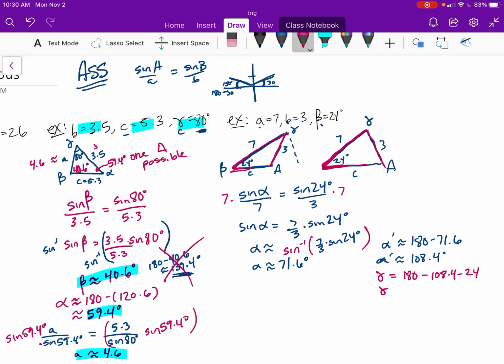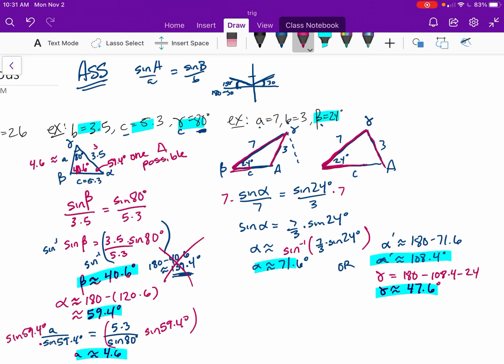And then that gives us, since we rounded the 108.4, 47.6. It is possible then that with only the given information, beta is 24, alpha is 108.4 and gamma is 47.6.